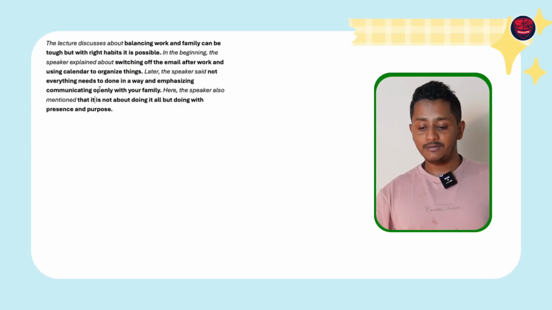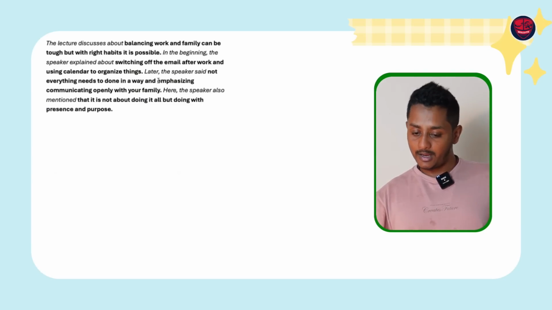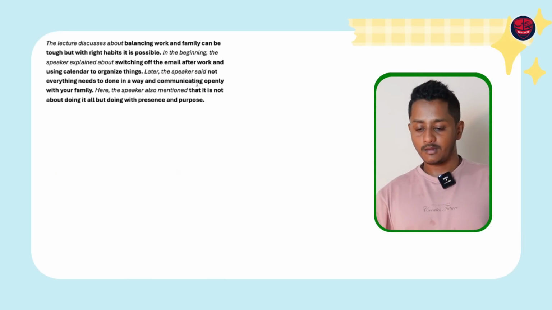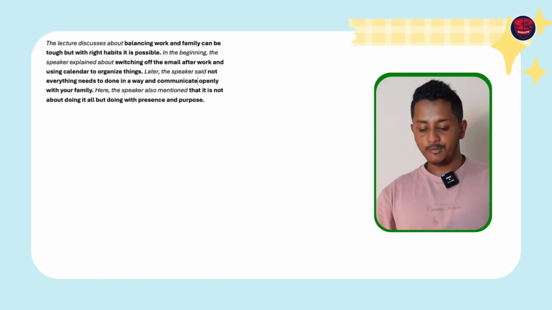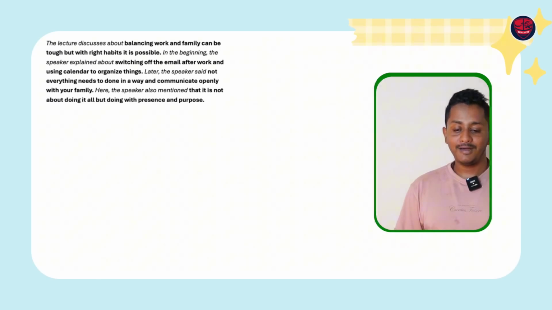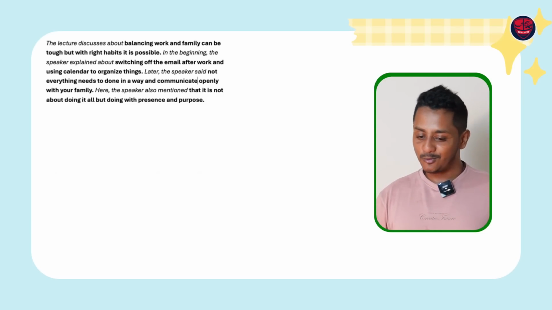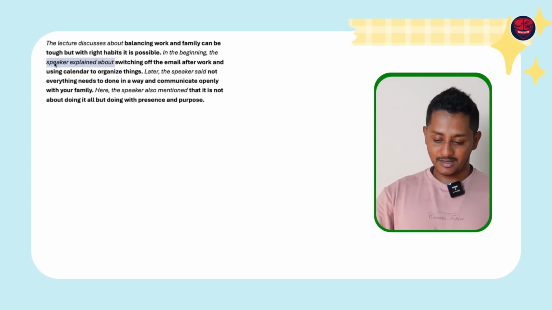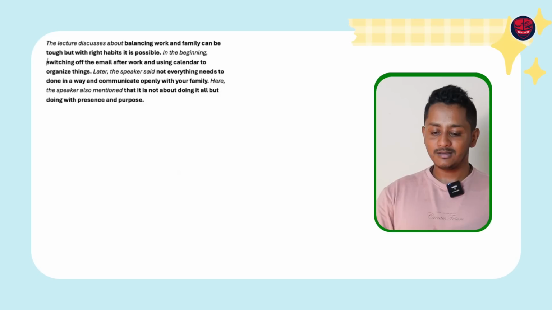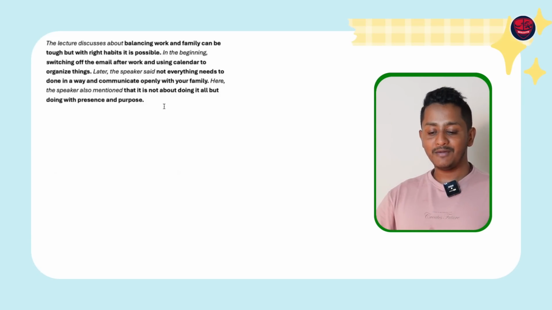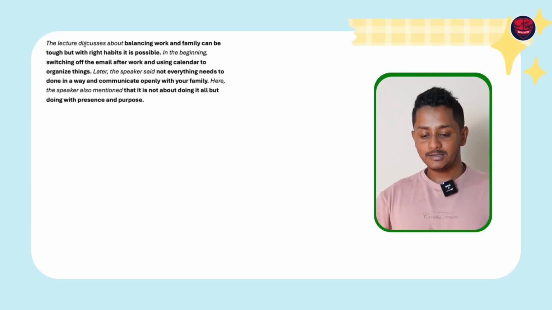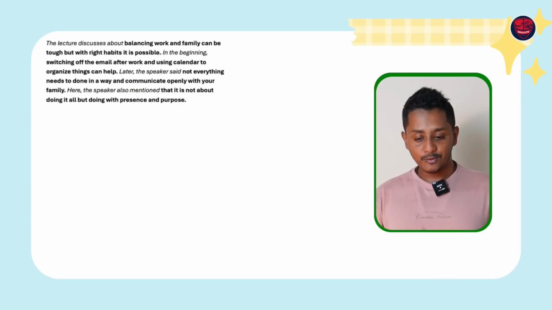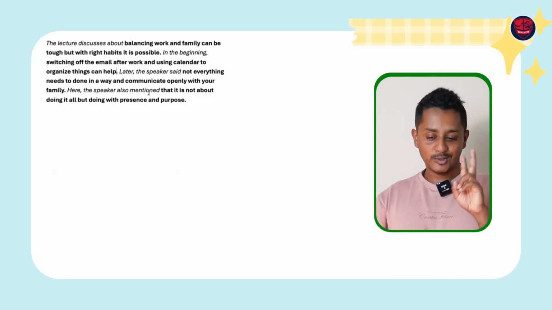The speaker said not everything needs to be done in a way, and communicate openly with your family. 74 words, we're going to remove 4 words more. The speaker explained about, I'm going to remove this in the beginning, switching off the email after work and using calendar to organize things can help. 72 words. And then 2 more words.